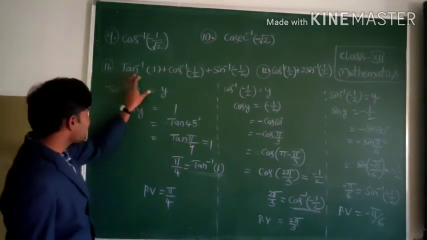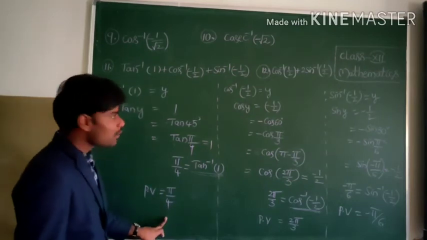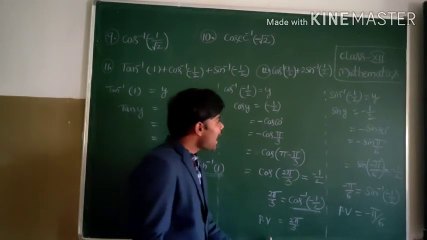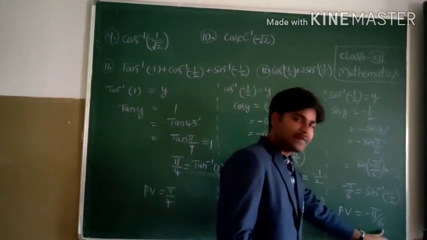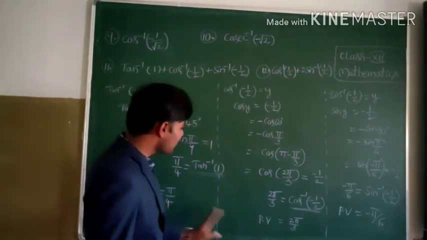So the principal value of tan inverse of 1 is 5 by 4, cos inverse of minus 1 by 2 is 2 pi by 3, and sin inverse of minus 1 by 2 is equal to minus 5 by 6. You have to add all these three principal values.